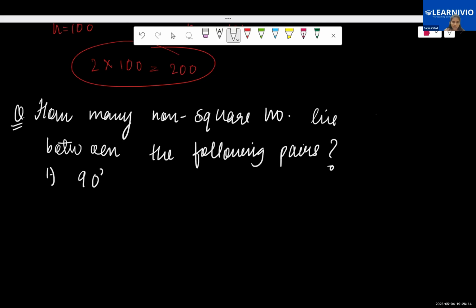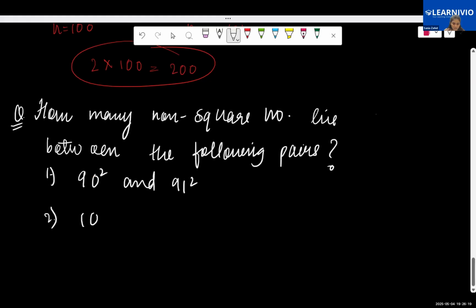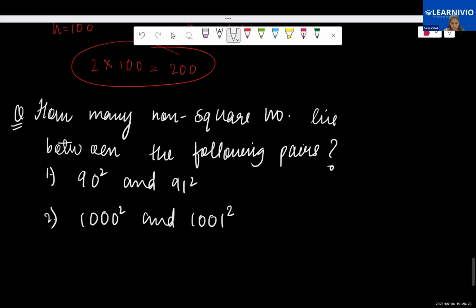First is 90 square and 91 square, and second is 1000 square and 1001 square. So how many non-square numbers are lying between these two numbers?